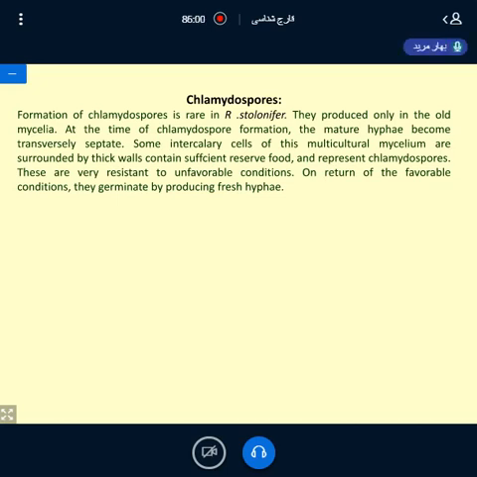These are very resistant to unfavorable conditions, like zygospores. On return of favorable conditions, the chlamydospores germinate by producing fresh hyphae.